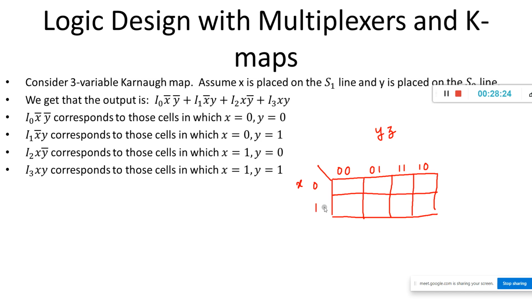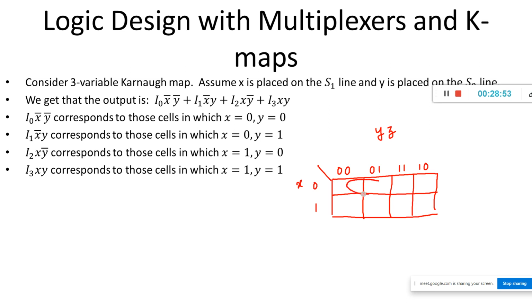Next, X is 1 in this row, Y is 0 in these two columns, so this is I2. Next, X is 1, Y is 1 in these two, so these two cells correspond to I3. So this is a 3 variable K-map, isn't it?